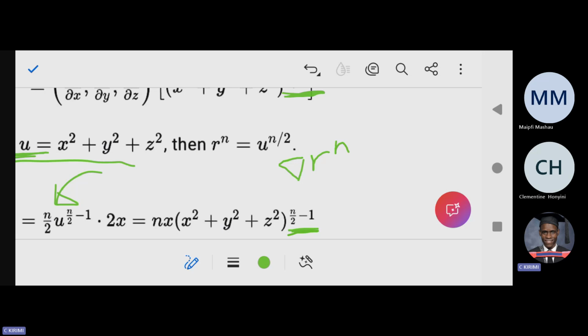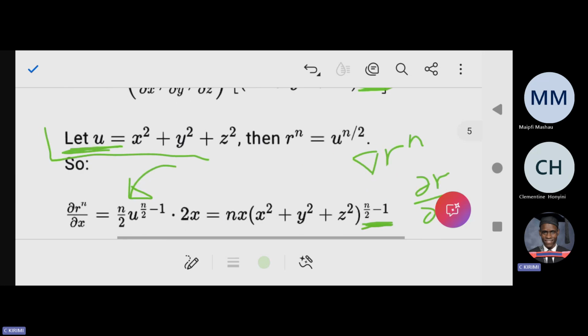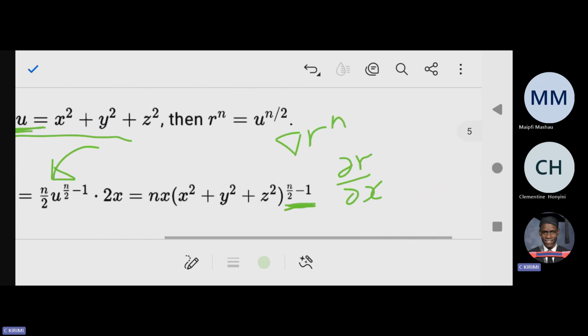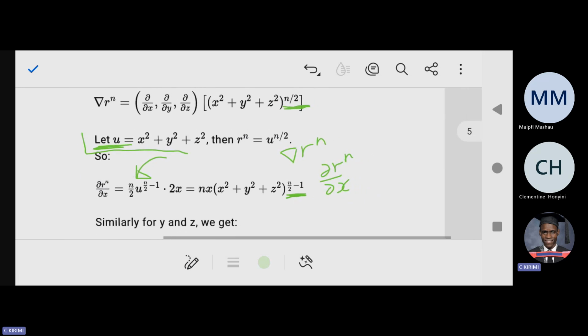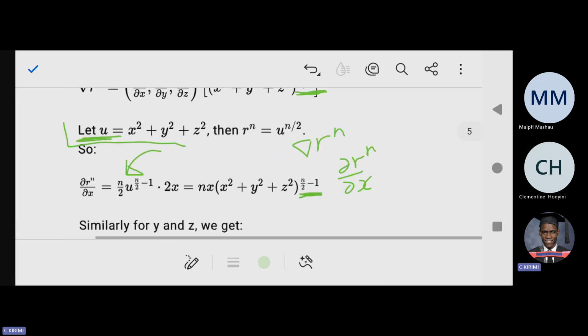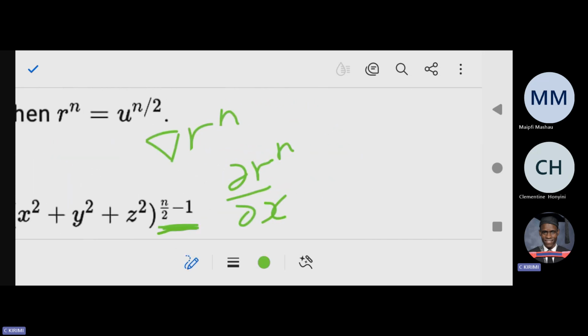So the first one, if we say partial r to the power n partial x, you copy the whole statement.